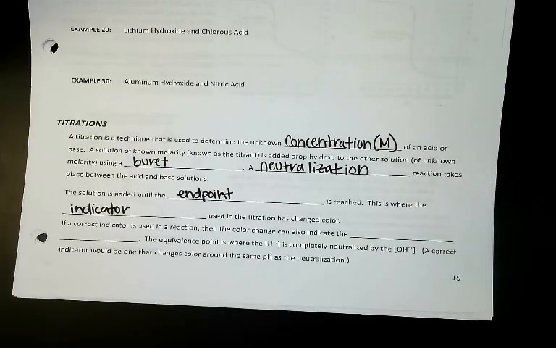Okay, so in our titrations we are using phenol red. In an acid, what color is phenol red? Yellow. Okay, what color is phenol red in a base? Pink. Okay. What color is it when it's neutralized? Peach. Okay?